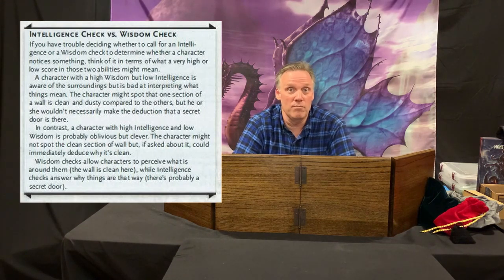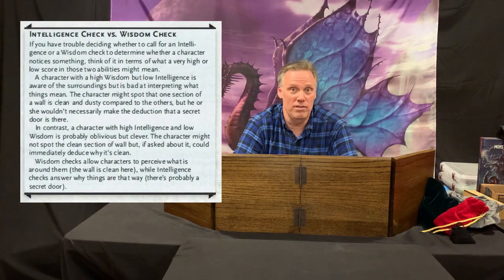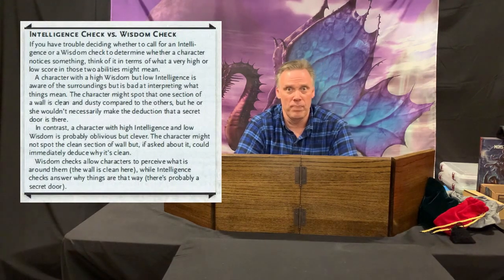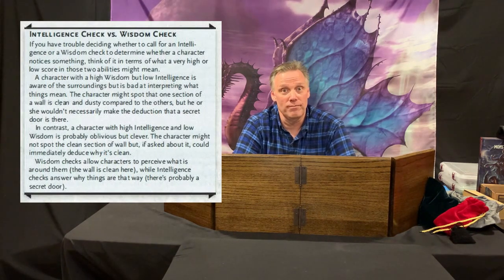The character might not spot the clean section of wall, but if asked about it, could immediately deduce why it's clean. Wisdom checks allow characters to perceive what is around them: the wall is clean here. Intelligence checks answer why things are that way: there's probably a secret door.